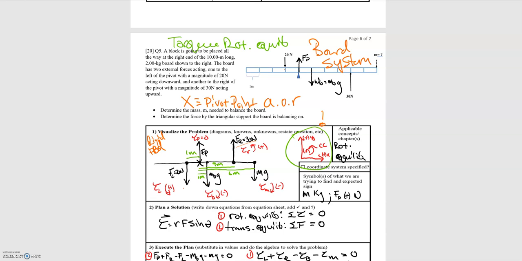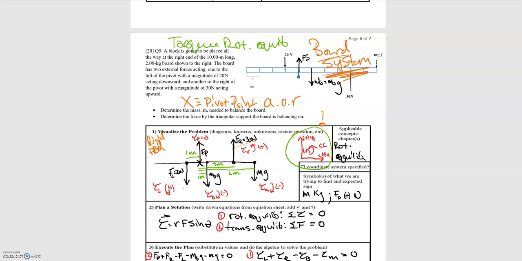Any force that is from the board, like normal forces acting on, say, this mass here, those should not be included in your rigid free body diagram. It's only forces acting on our system, like all of our other free body diagrams. And so it's only forces that are acting on the board. So we have that one more force, the force from the pivot point acting on the board upwards. That's an easy one to forget, especially in an exam setting where you're kind of rushing a little bit.